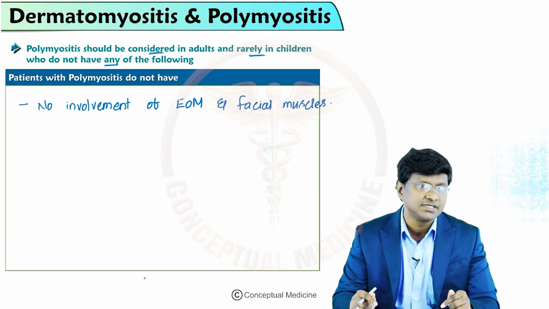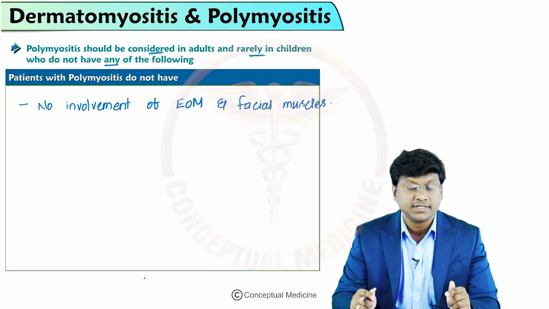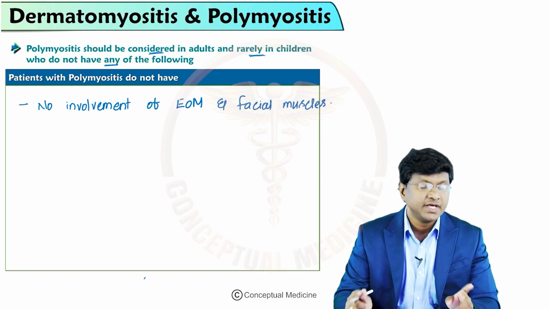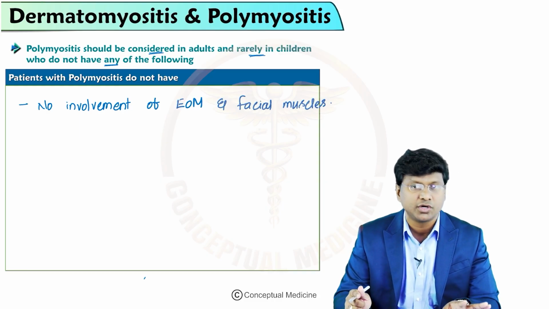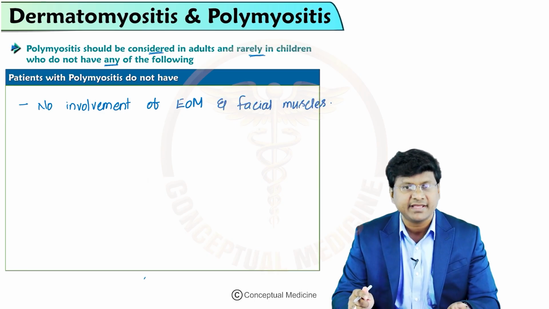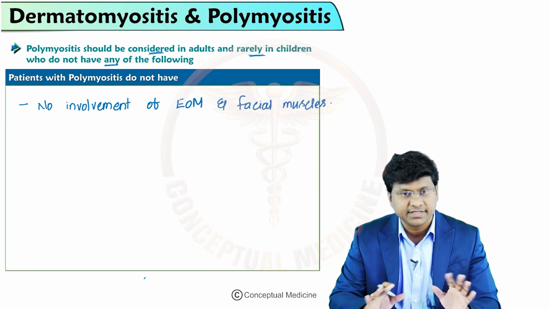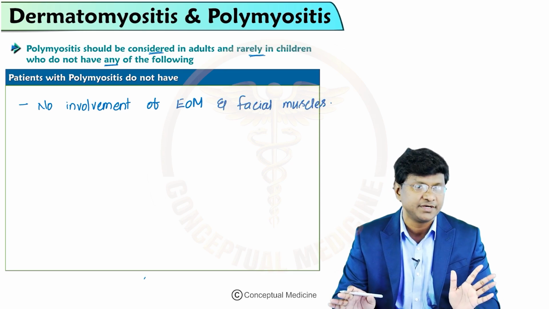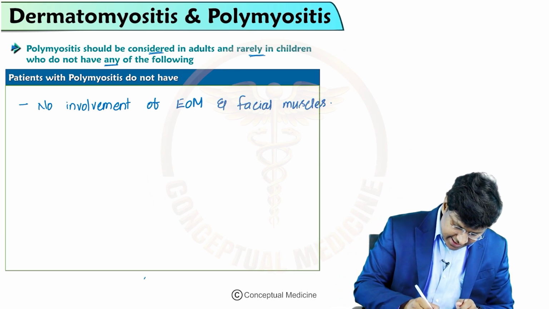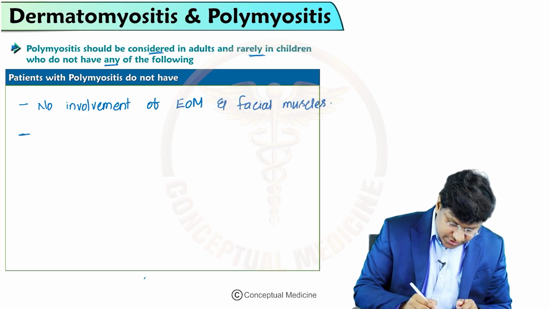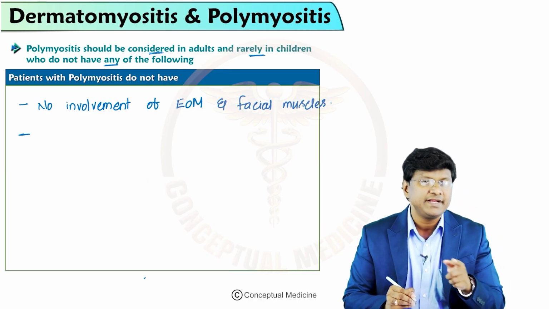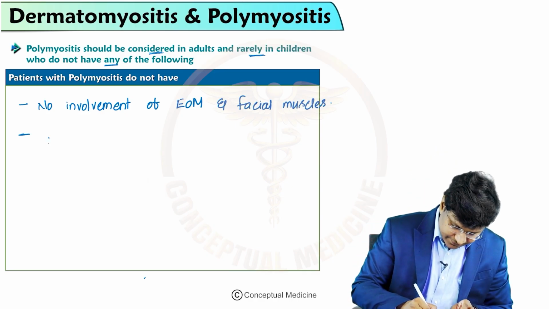These ocular muscles are almost never affected, except in rare cases associated with myasthenia gravis. And even facial muscles are not affected in polymyositis. The next important thing that these individuals should not have is a family history of neuromuscular disease.